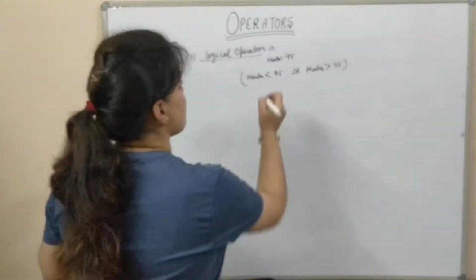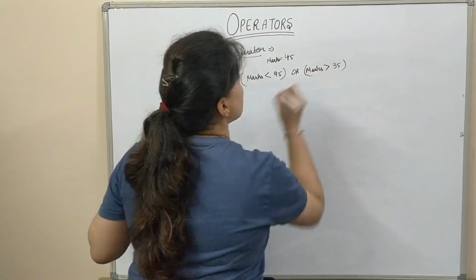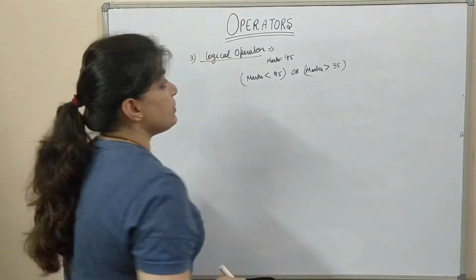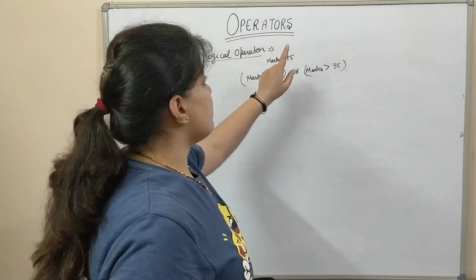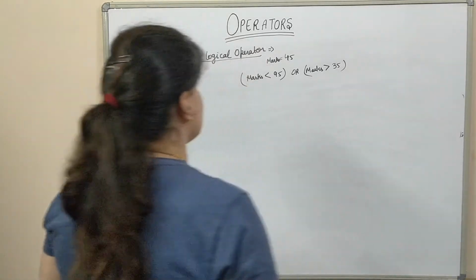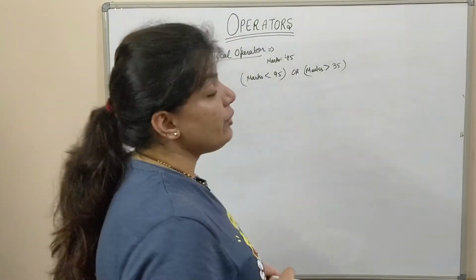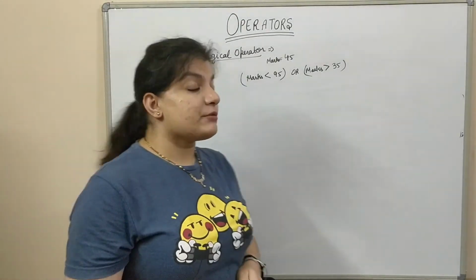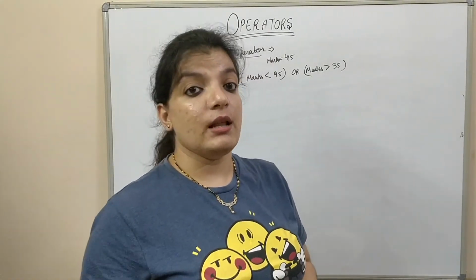So this is one condition and this is the second condition. Based on these two conditions we need to find the result of this student, whether he passed or not, whether he cleared his exam or not. To solve these types of problems we need the logical operators.